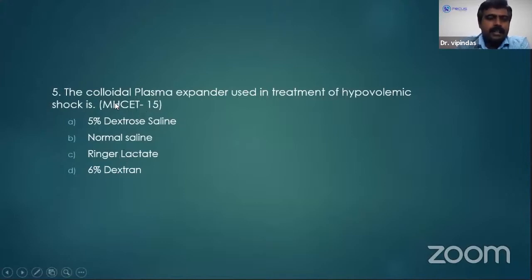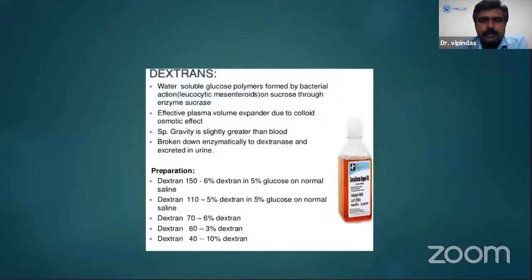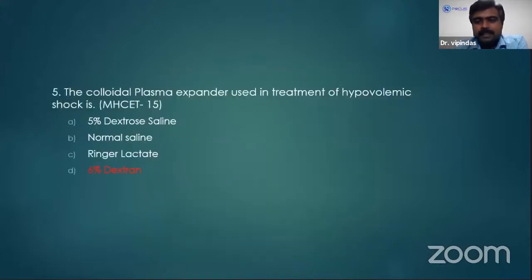But the question is the colloidal plasma expander used in the treatment of hypovolemic shock. So what could be the answer? That is 6% dextran. And if the question was the best IV fluid of choice in hypovolemic shock, you should answer Ringer's lactate.